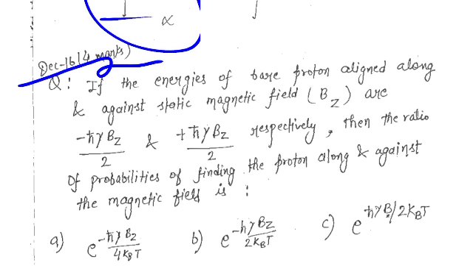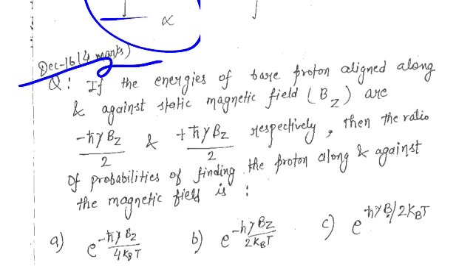So the energy of the two states is given to us, and it is asking for the ratio of the probability of finding the proton along and against the magnetic field. It is actually saying the two states which we will get, the ratio of finding the protons, means we have to find out the probability of the protons, and it would be n1 upon n0. We have to find out n1 upon n0.